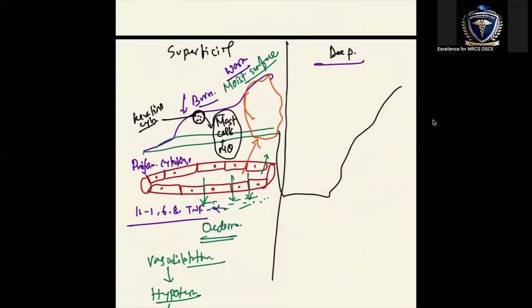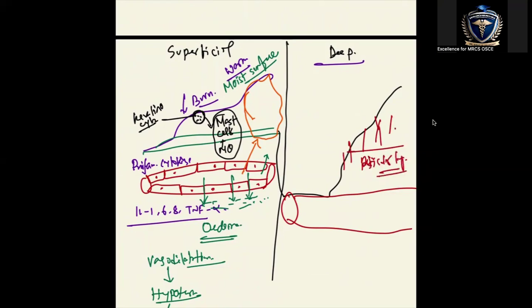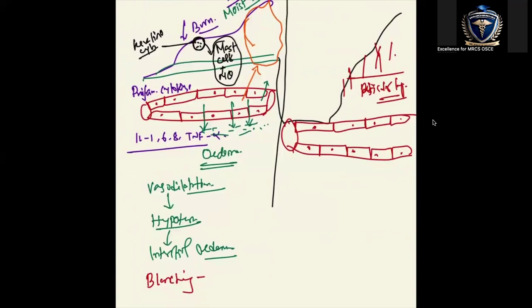There will be vasodilatation here that will cause destruction of the reticular layer, and nerve endings. There will be so much inflammatory process here and vasodilatation also, and that's why the patient will have some hypotension.